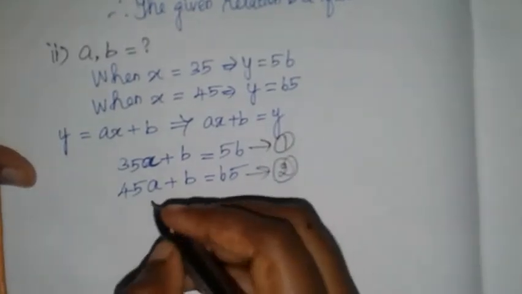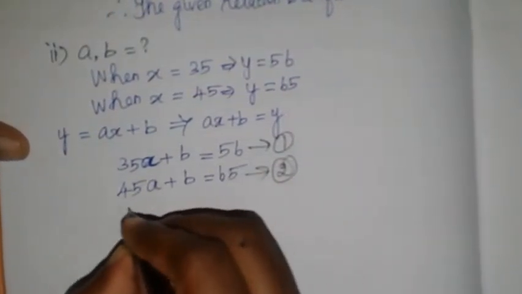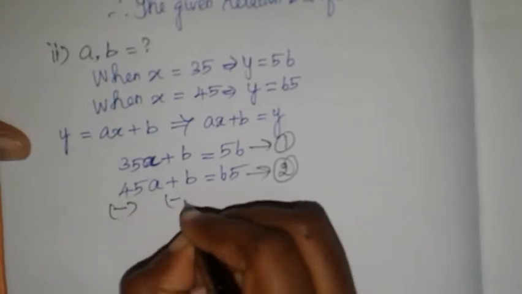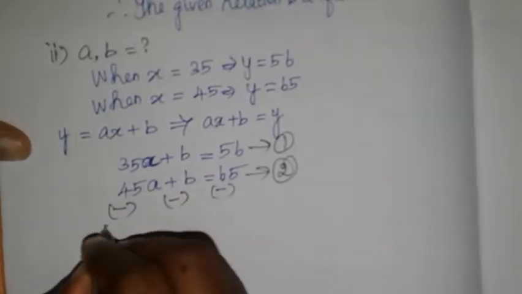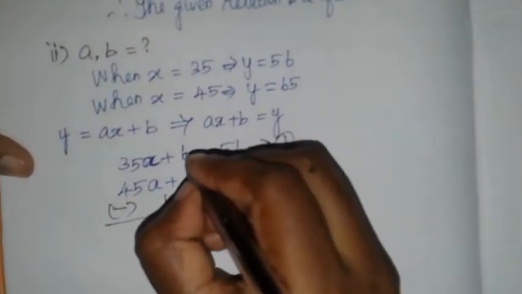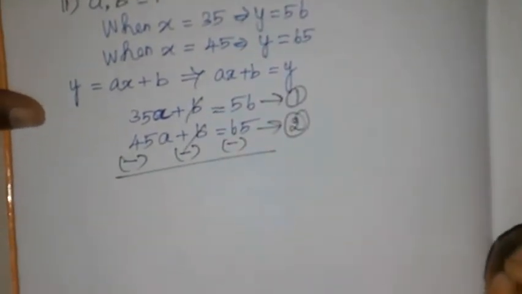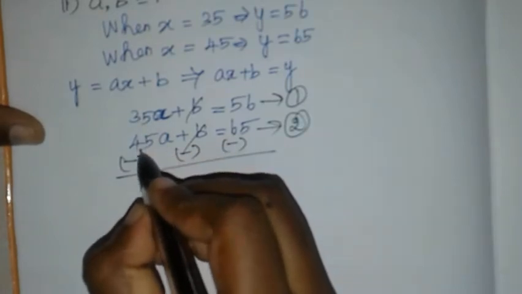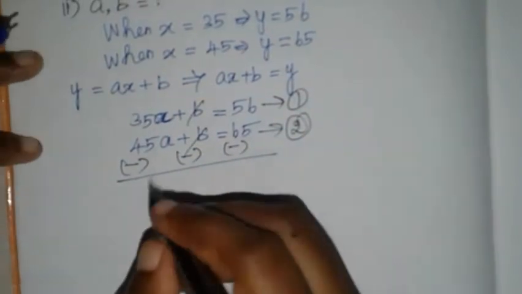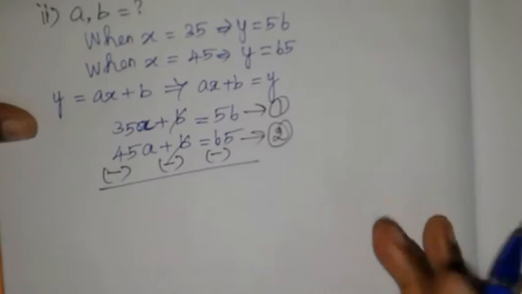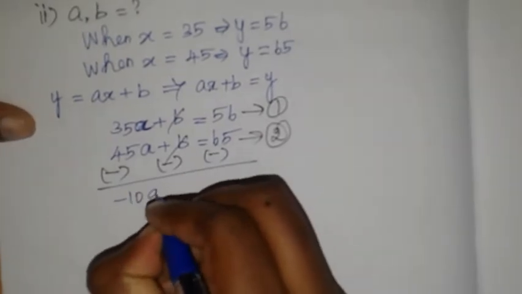By the elimination method, now solving these equations. Subtracting now. Let's see children, plus b minus b, its value is 0, so cancelling those two terms. Now 35 minus 45, what is the value? It is minus 10a.